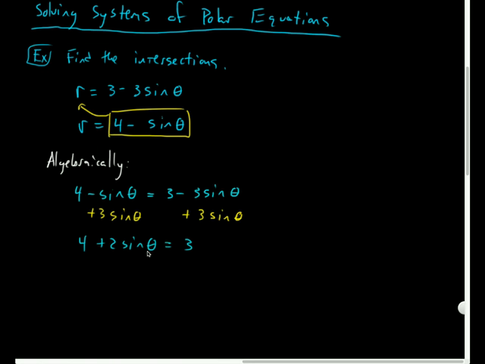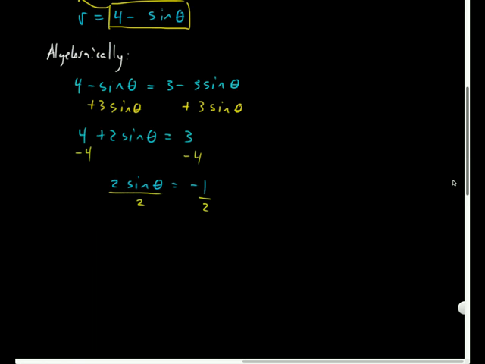So here we're going to end up having to use some of our solving trigonometric equations skills in order to do this properly. So I get 2 sine theta equals -1, and then of course I'll divide by 2. So I get sine theta is going to equal -1/2.